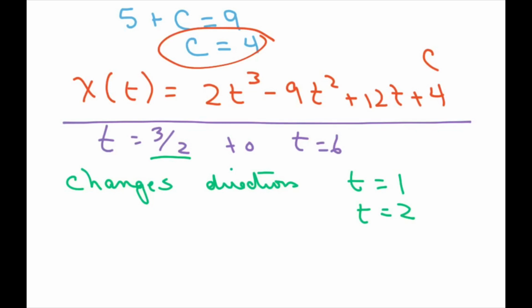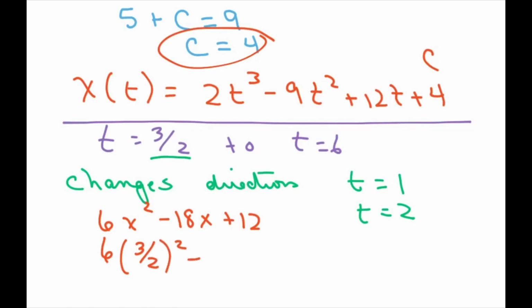The velocity again was 6x squared minus 18x plus 12. So let's plug in 3/2: 6 times 3/2 squared minus 18 times 3/2 plus 12. When you evaluate that, you get negative 3/2.